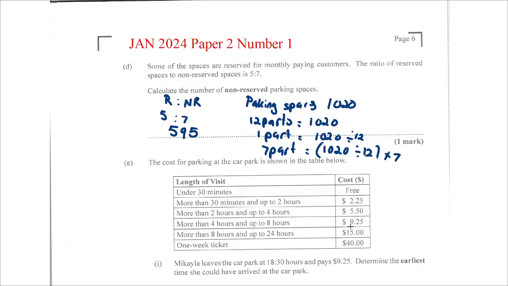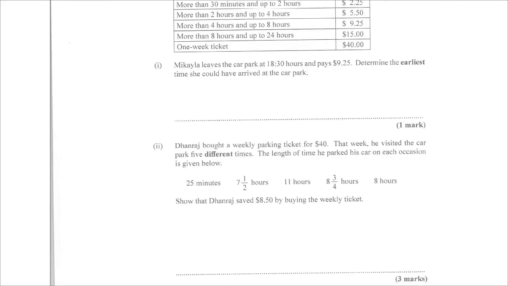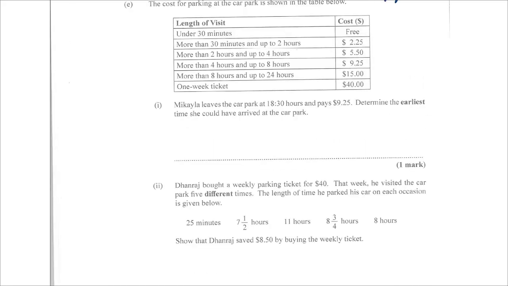The cost of parking spaces on a car park is shown in the table below. Alright, let's read the first part. Under 30 minutes, you get it for free. From 30 minutes up to 2 hours, so the minimum is 30 minutes and the maximum is 2 hours, would be $2.25.